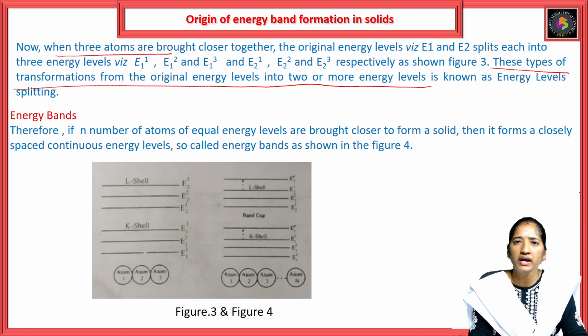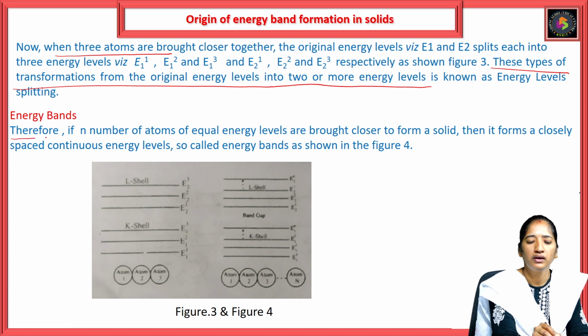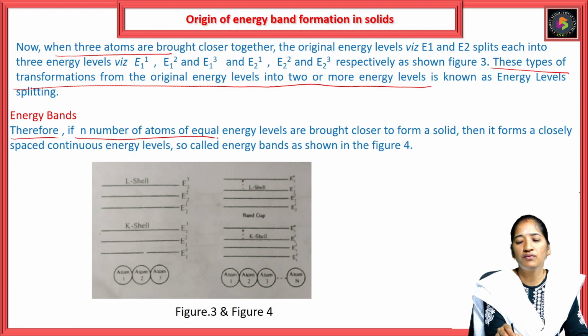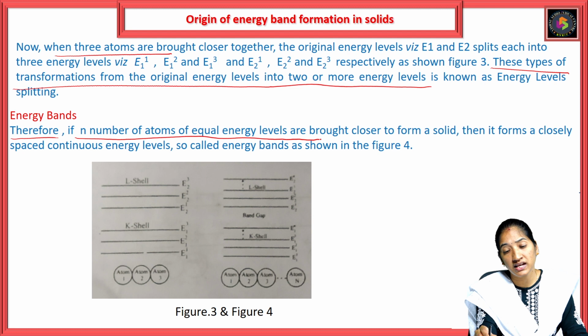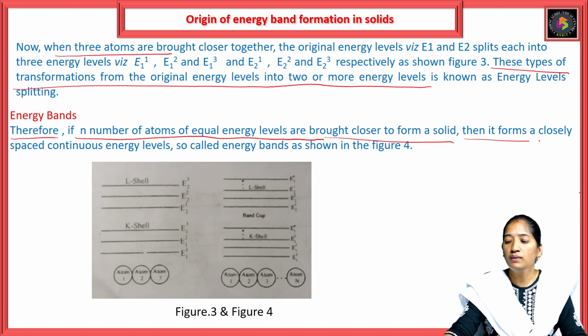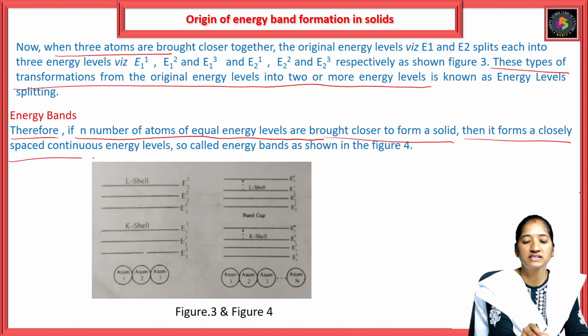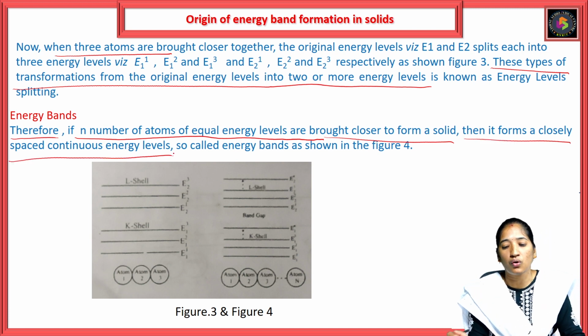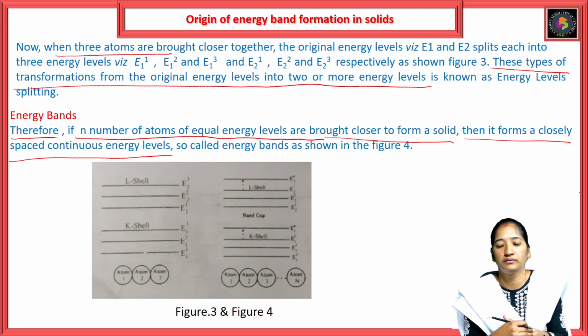So how do the energy bands form? If n number of atoms having equal energy levels are brought close together to form a solid, then it forms closely spaced continuous energy levels, called an energy band. What is an energy band here?